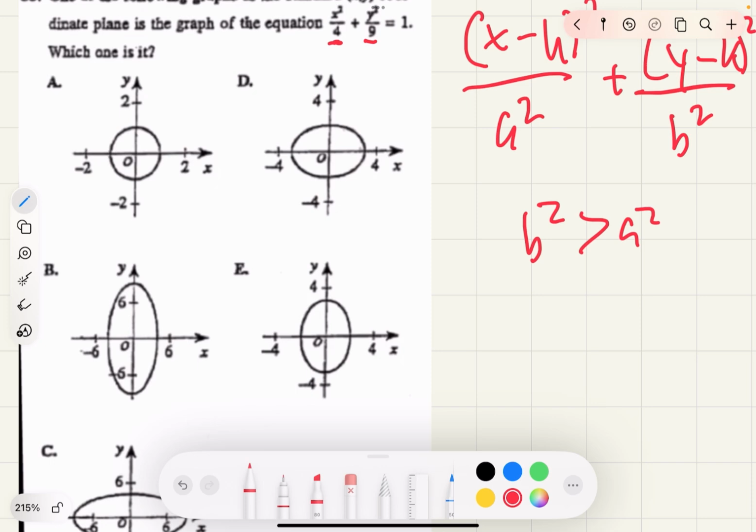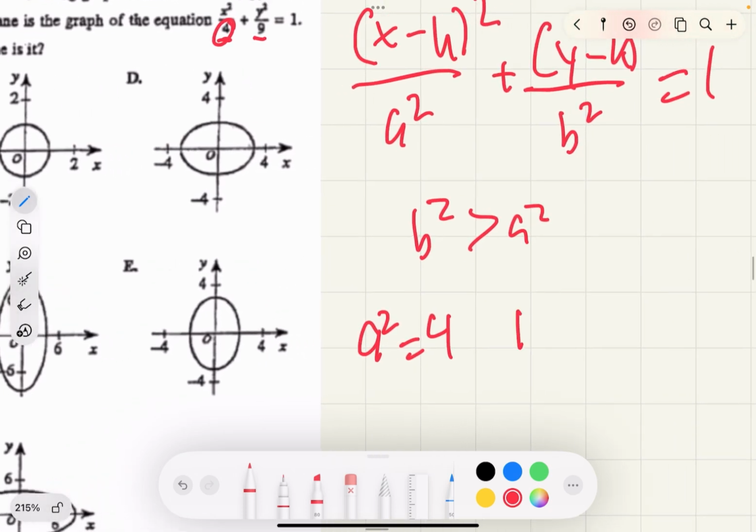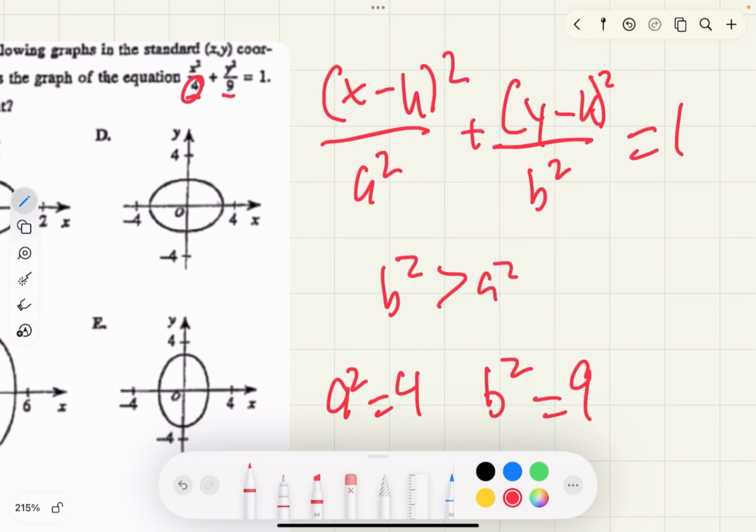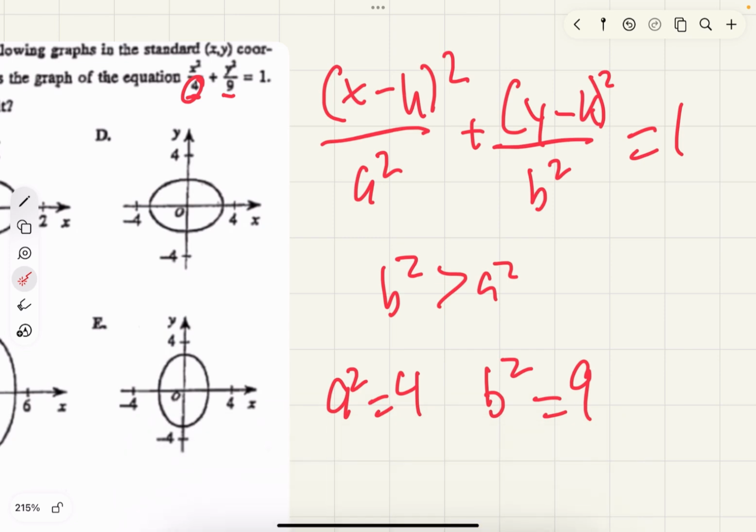In this case, a squared equals 4 and b squared equals 9. We can see that by cross-checking the equation of the ellipse we have right here against the original equation. The a squared value matches up with the value of 4. Similarly, the b squared value down here matches up with the value of 9.